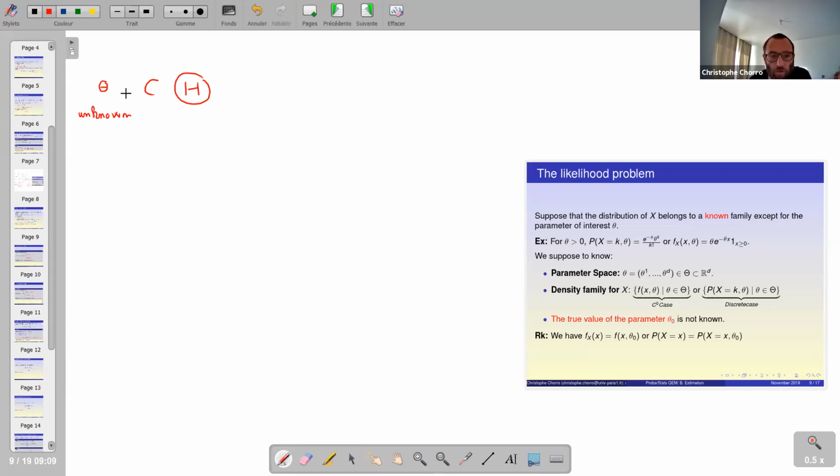So we don't know the parameter precisely, but we know the set of possible values.